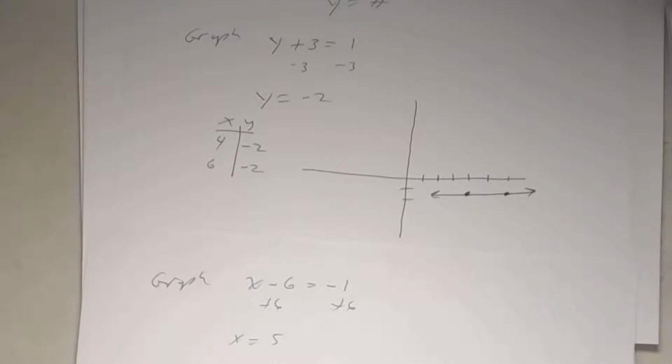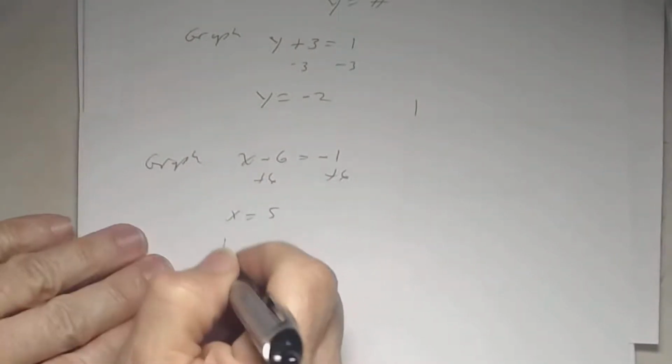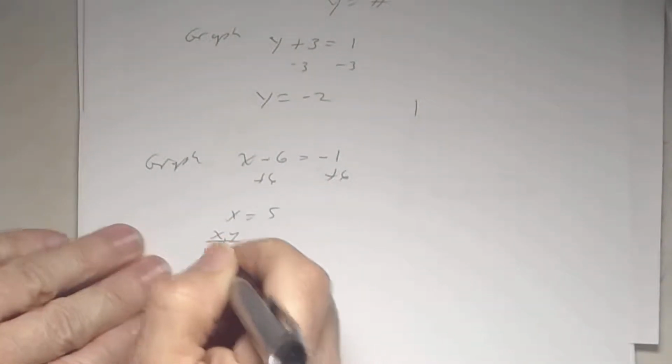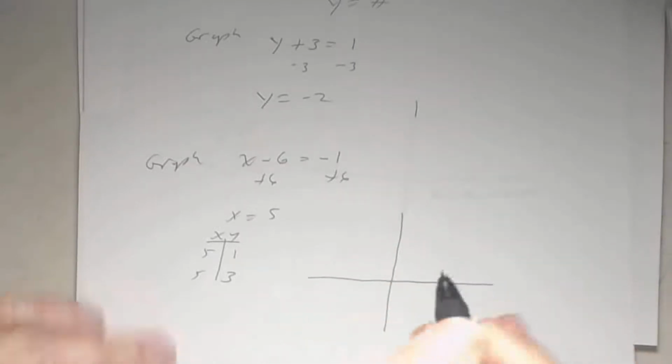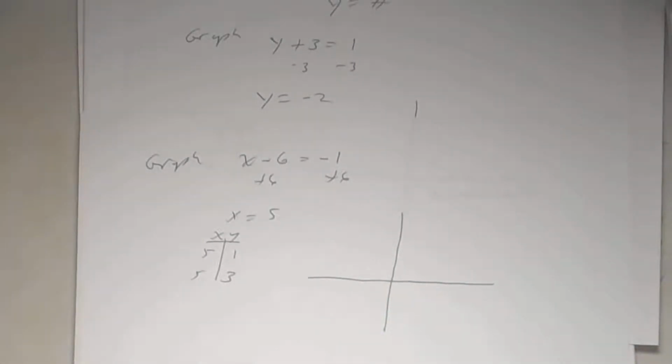So this says that x always must equal what? 5, no matter what y is. So in your t-table, x is 5, 5, and just give me values for y. 1, 3. And you just plot those 2 points, you draw your line. Now you always need to know that x equals a number is what kind of graph? What kind of line?